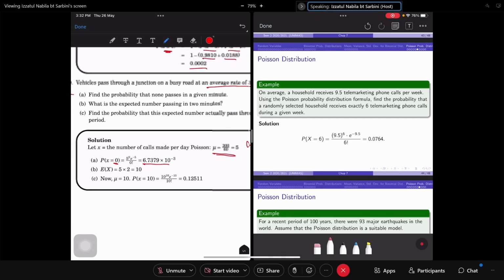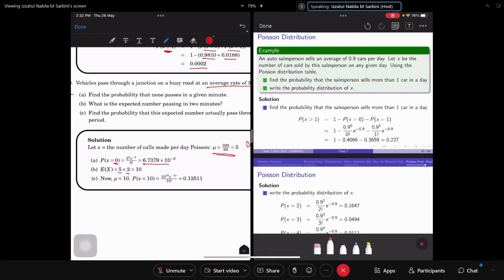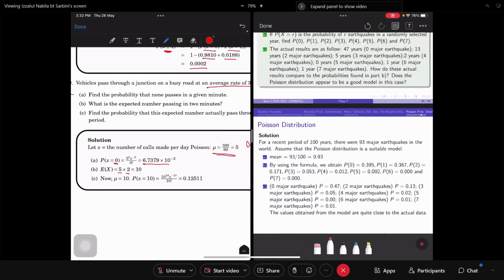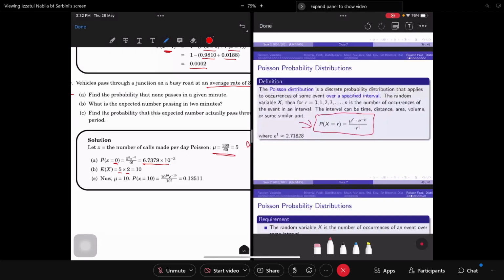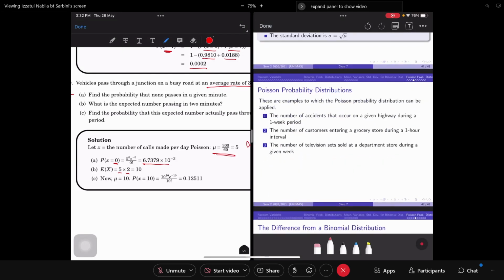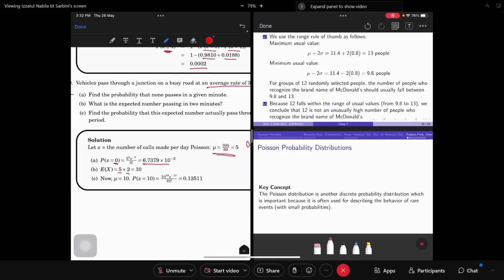For question B, what is the expected number passing in 2 minutes? Mean times with... is there a formula?